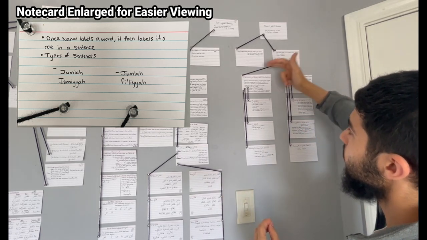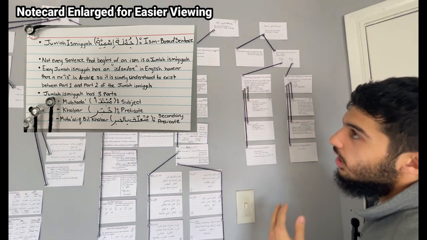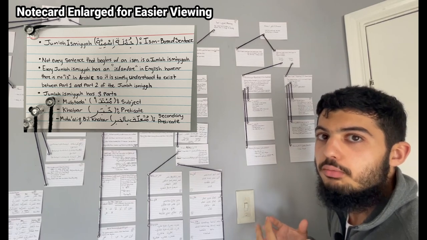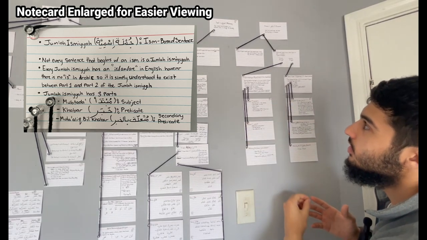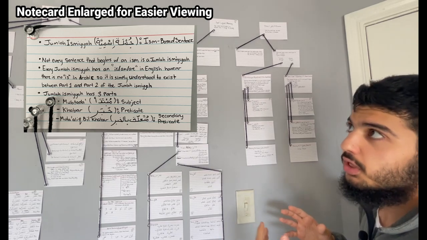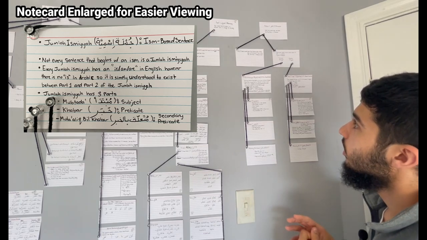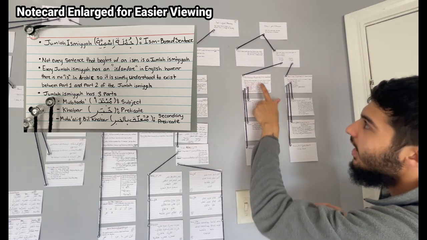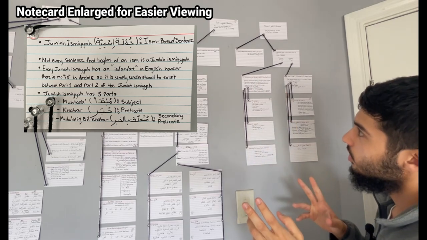So let's just go with jumla ismiya first. Jumla ismiya is an ism-based sentence. It means the ism is the most important part of the sentence. Now you have to be careful. Not every sentence that begins with an ism is a jumla ismiya. But a jumla ismiya is a sentence where the ism is the main topic, pretty much. Now every jumla ismiya has an is/am/are in English.